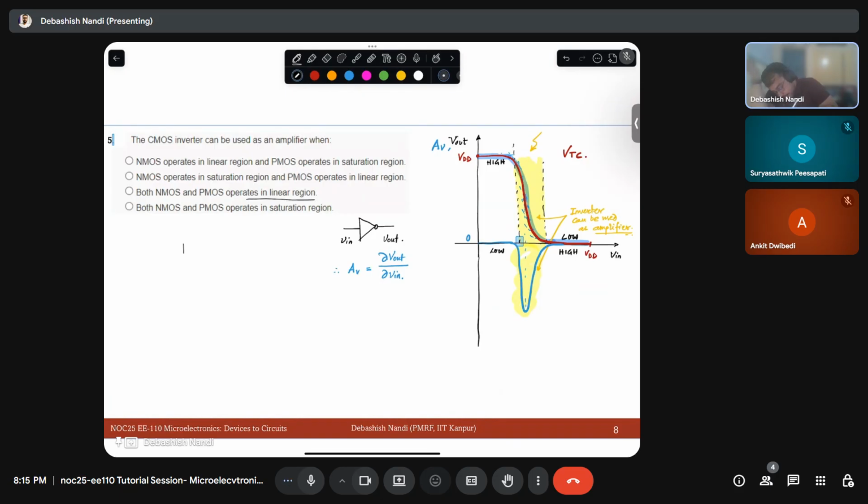Anyone? Do you know why this VTC is like that?